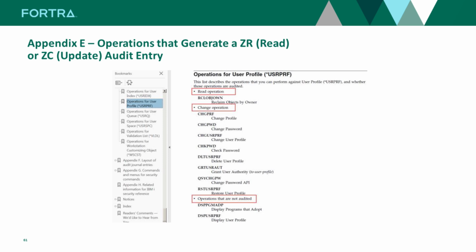And because they're my least favorite entry type, I left them for last. Those ZR and ZC entry types, super high level, don't provide you a lot of data, but boy, if you're really trying to track some down, they can be invaluable by turning on that auditing.